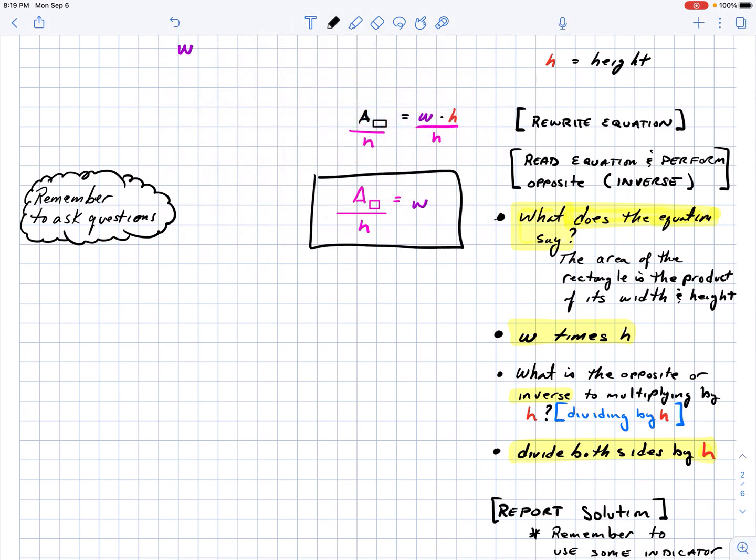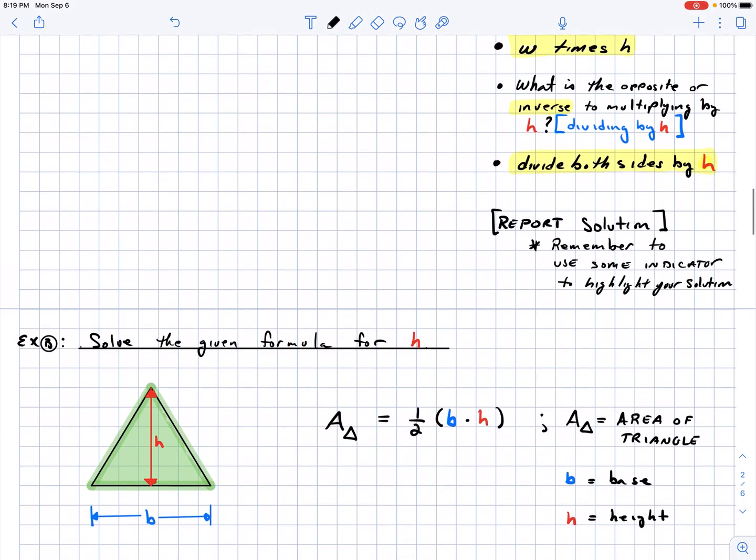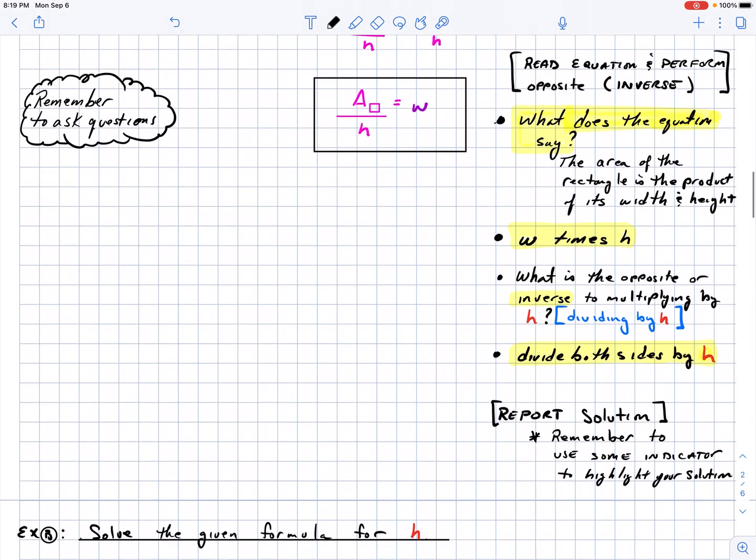So if you break it down into what the equation is saying, and you keep in mind that you're just looking at symbols, then it's not so bad, right? So obviously I reported the solution.